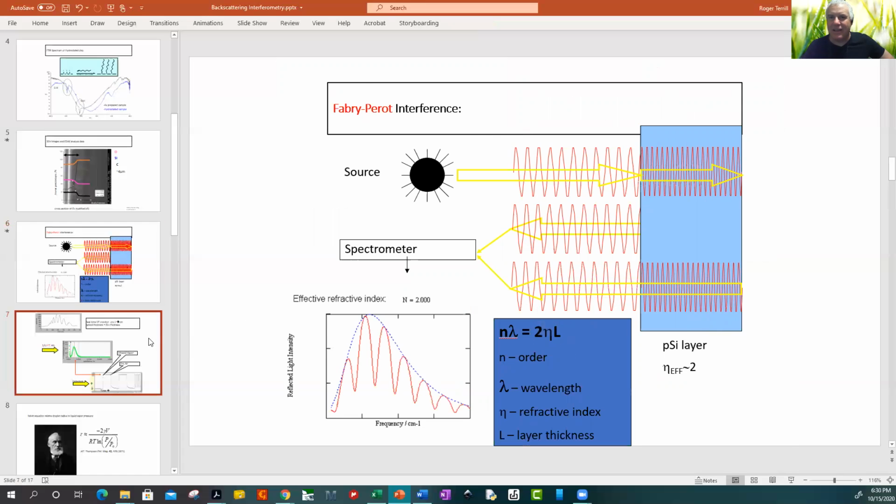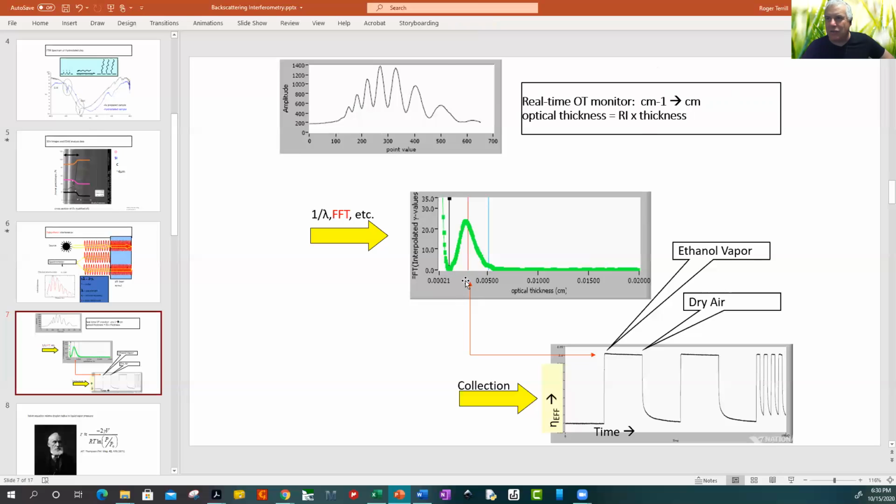So the 2 eta L value for this peak, we just take the weighted average of the optical thickness in this peak, and then we can plot that versus time. And that tells us the refractive index. This is what the backscatter interferometer on the CE apparatus does, but this is a much more sophisticated version of it.